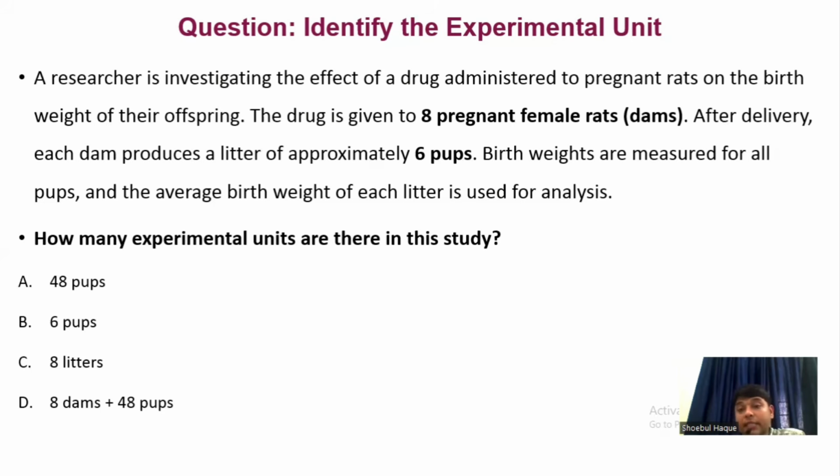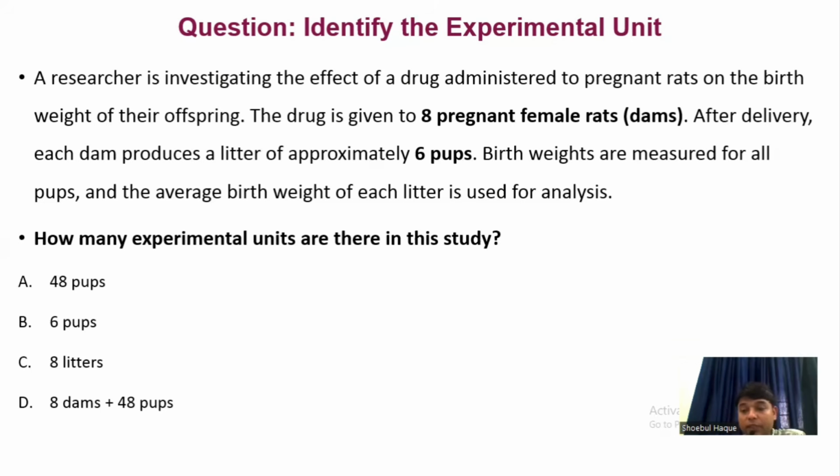So, the important thing is here we are going to do a study on the pregnant female rats. So, always the treatment is provided through the litters. In that case, the litters are always experimental units, not the pups, not the dams, but the litters.